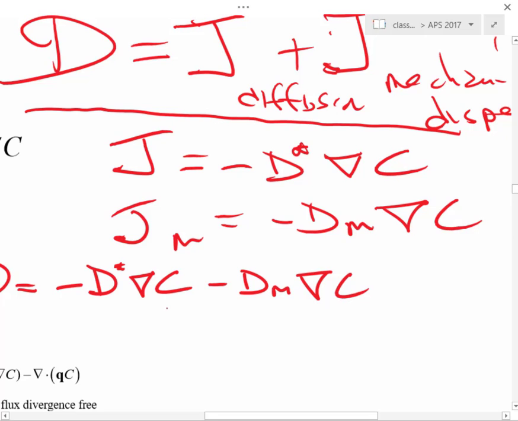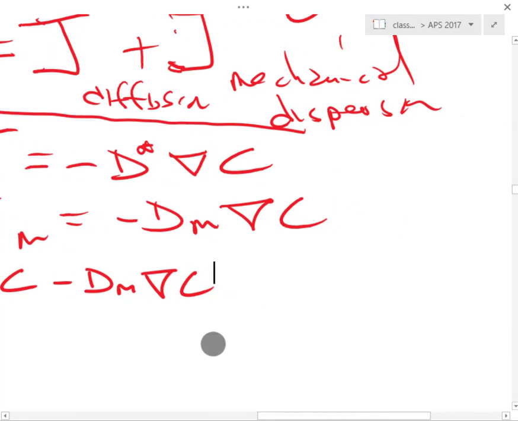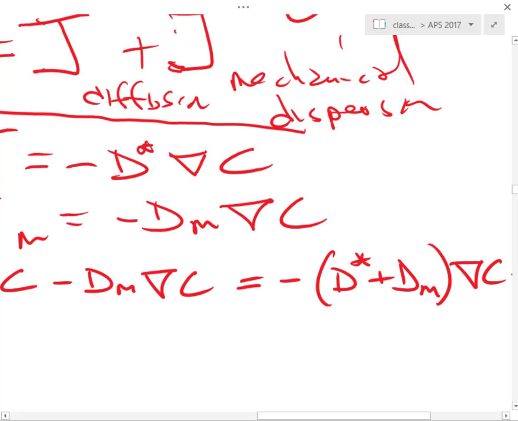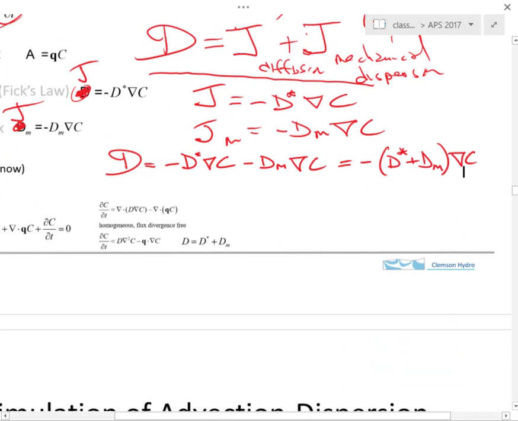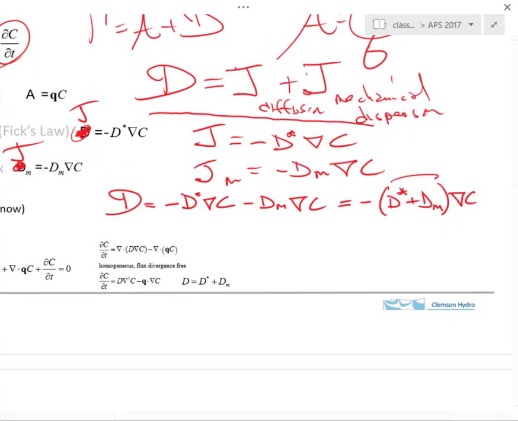They're both proportional to minus the gradient of C. So we can lump that together into what we'll call the hydrodynamic dispersion. Okay, so now we've got our terms.